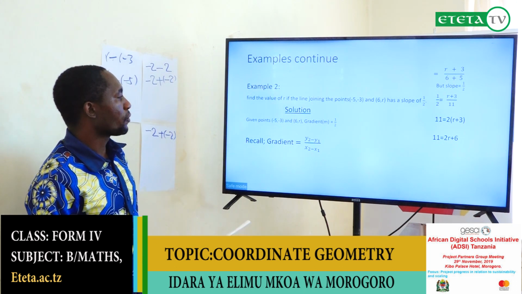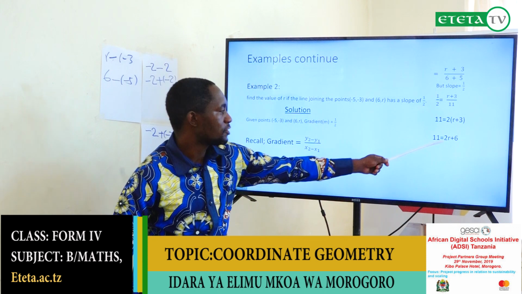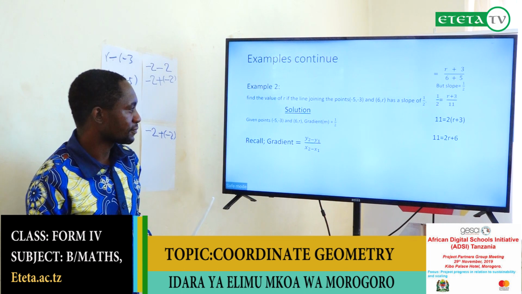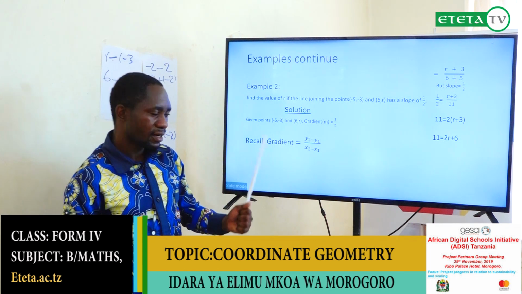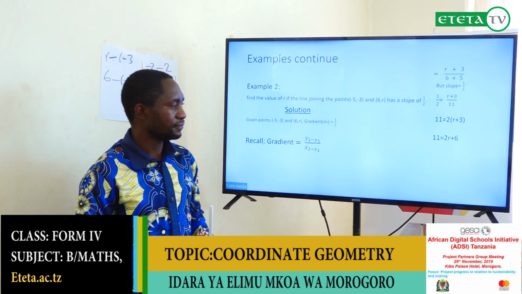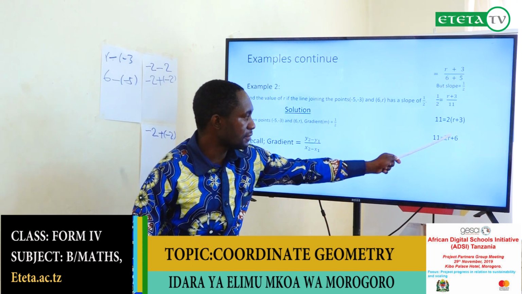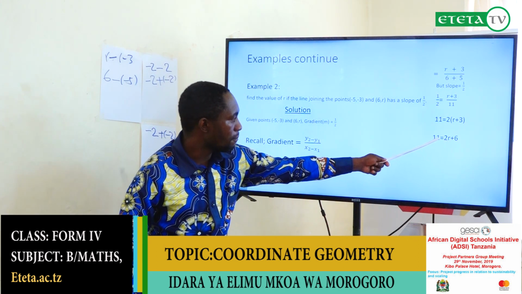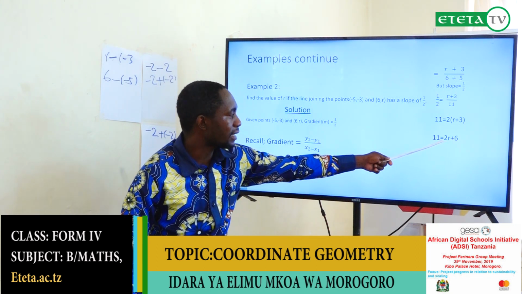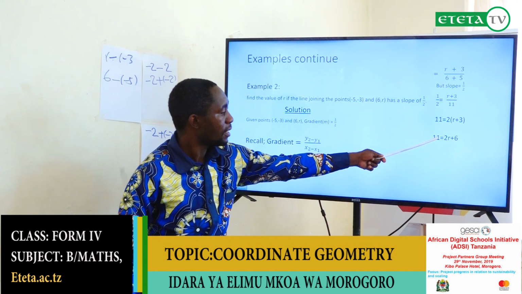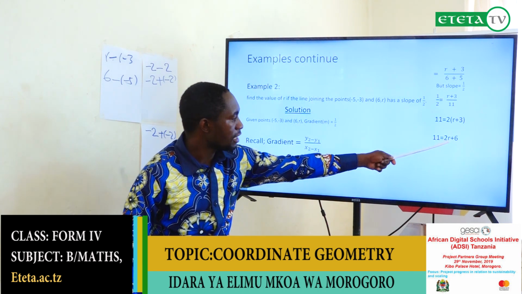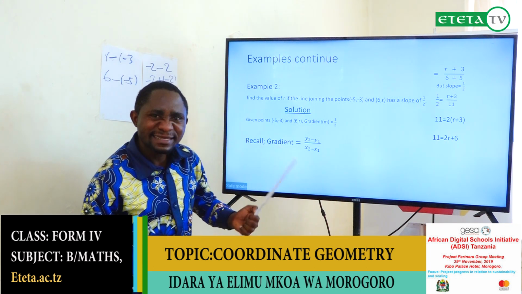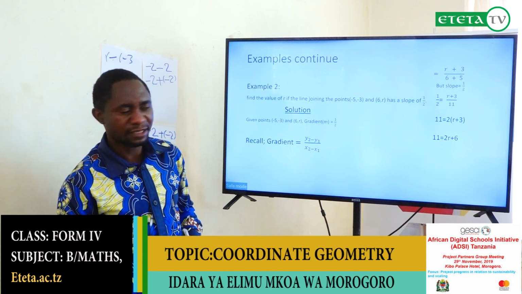Now, we can take this positive 6 to the left hand side while we are putting the like terms together. Once this positive 6 crosses the equal sign, its sign changes to negative.